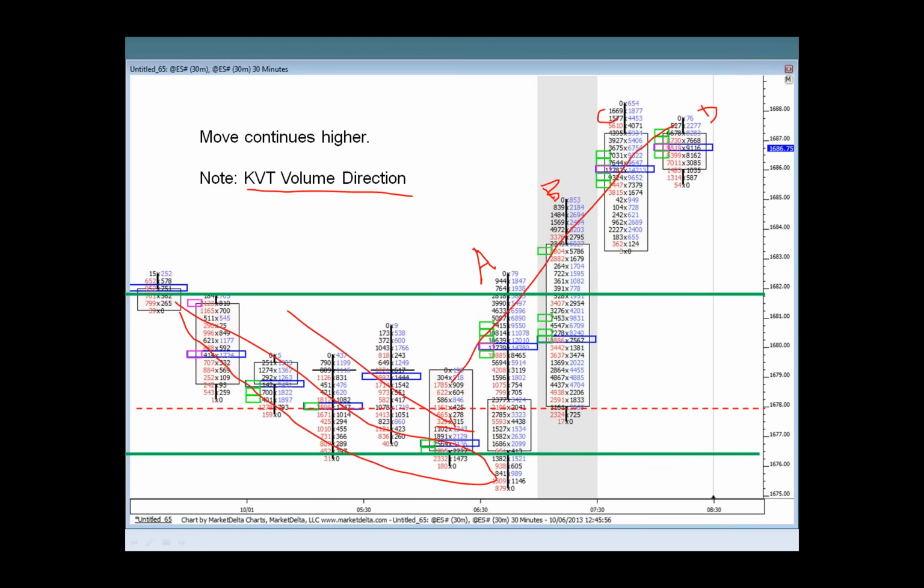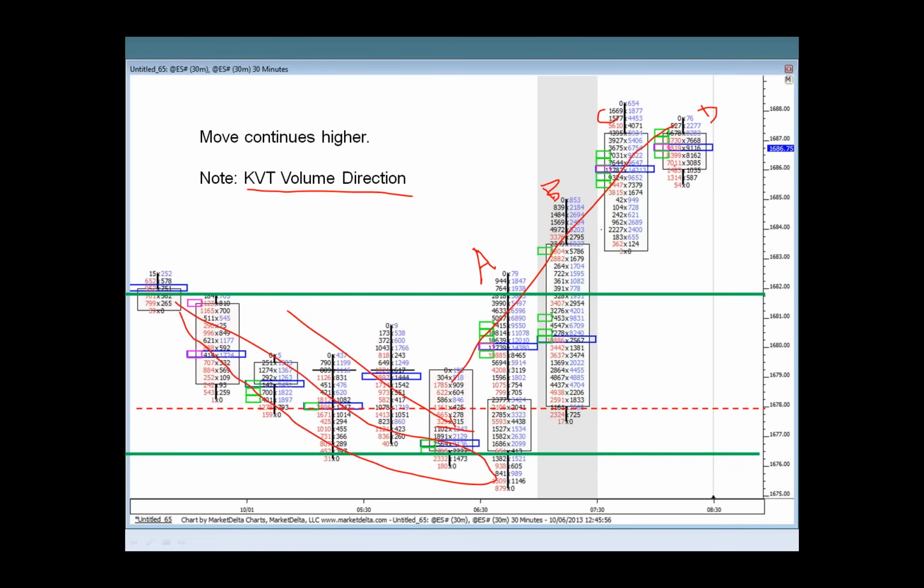At no point have I begun to see significant volume lower than the volume that preceded it. This is still a very bullish sign in the market, and as a matter of fact, this is another use of the KVT. If I'm in fact in a trade, it helps me to decide whether I could continue to stay in the trade or whether it may be time for me to get out of the trade.